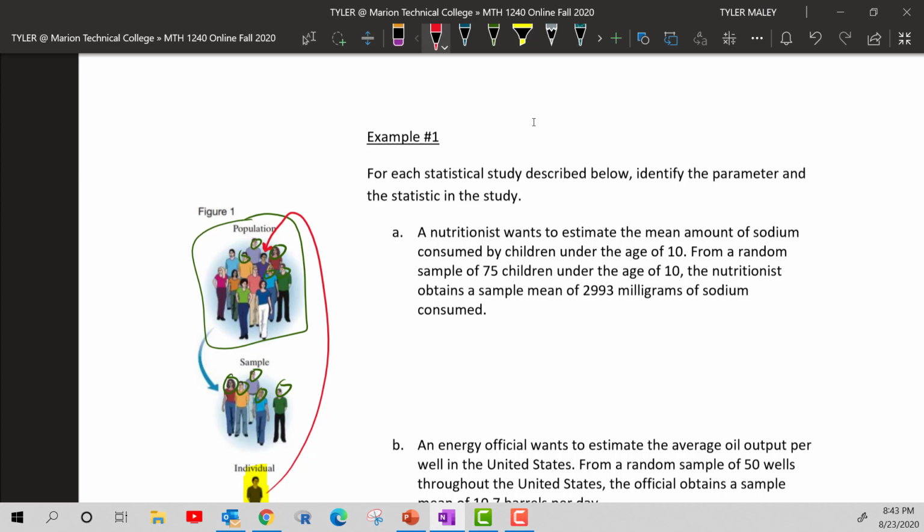Right? So the parameter is the mean amount of sodium consumed by children under the age of 10.